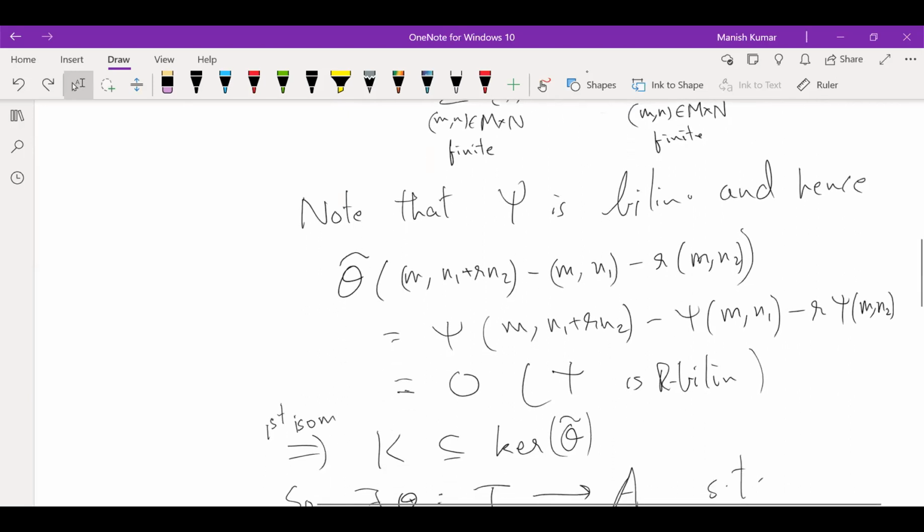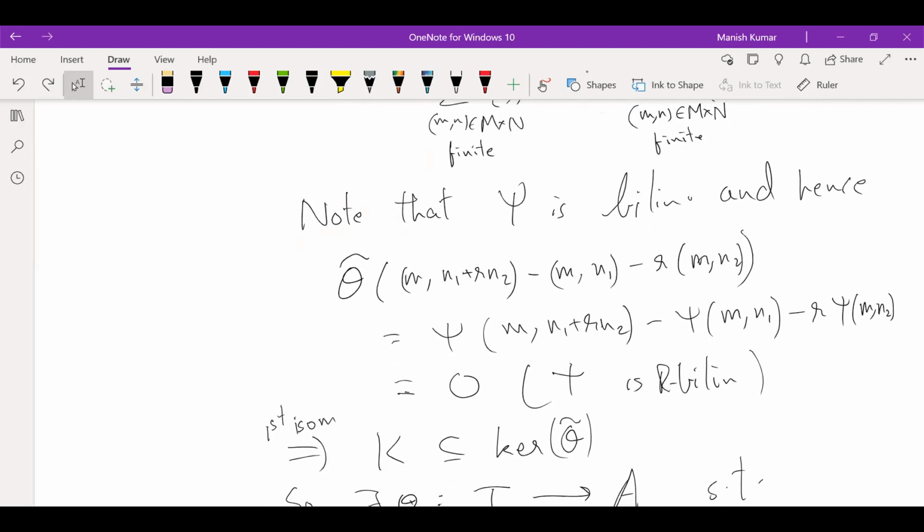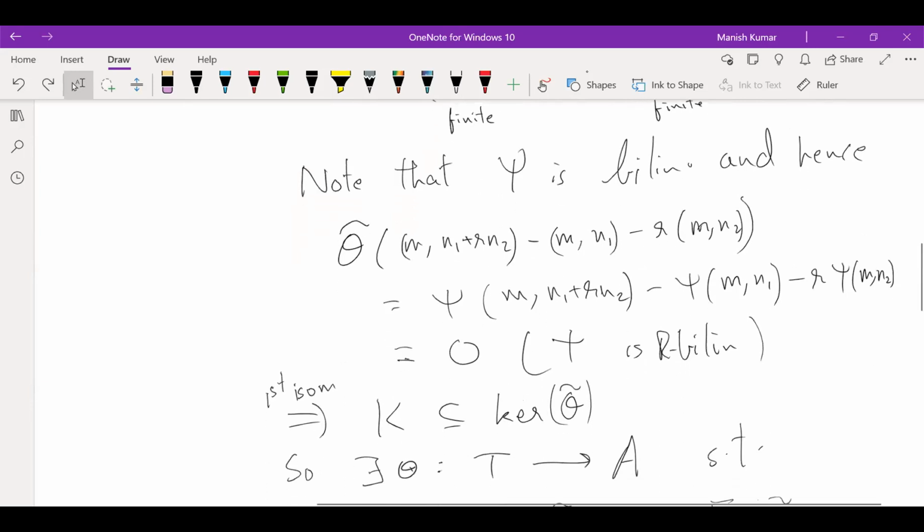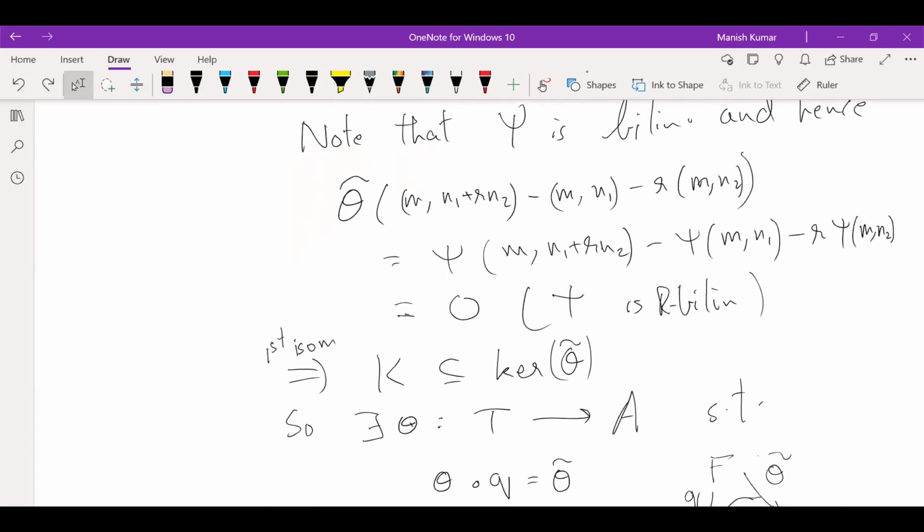So what does that tell us? The generating set of K, K was generated by those relations, is mapped to 0 by theta tilde. So the whole of K is mapped to 0. So K is contained in the kernel of theta tilde.